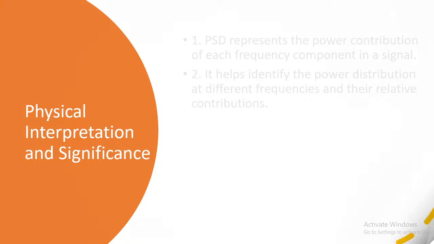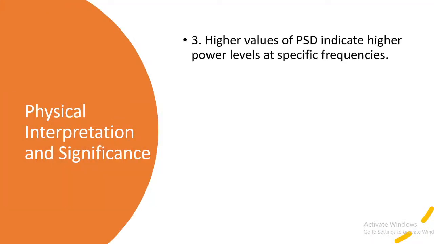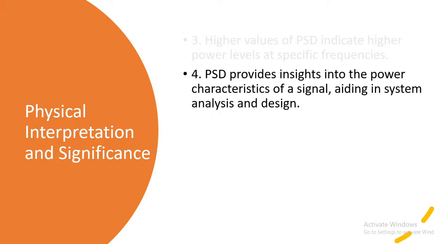That relative contribution is obtained from the PSD. A high value of PSD indicates higher power levels at that frequency. If at one frequency the PSD is of high value, the power level at that frequency is high. If the PSD is of low value, the contribution is low, power is low.